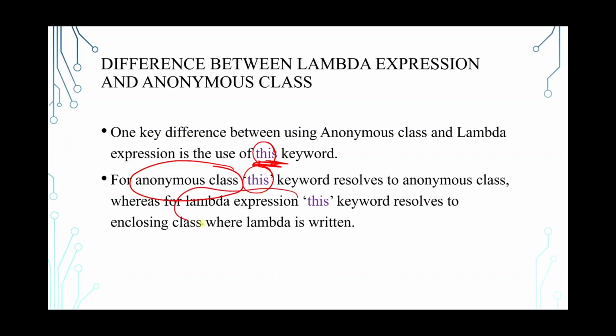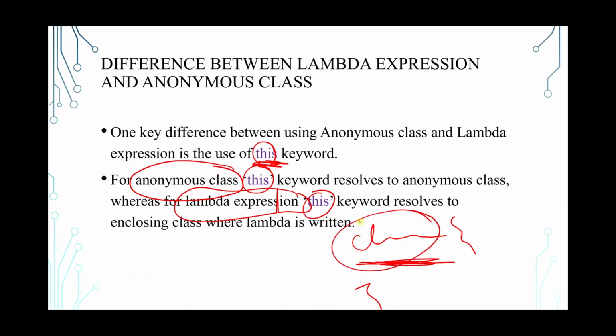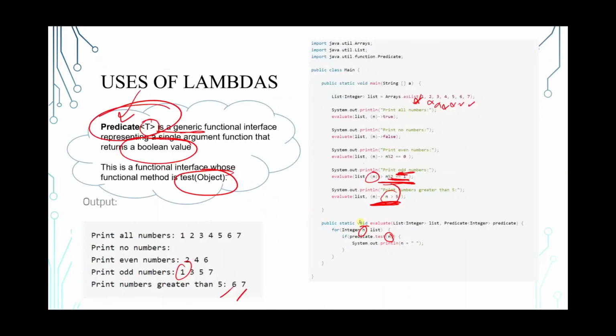However, in lambda expressions, if you use this, it means the enclosing class. So if I have a class, and this is the class I'm referring to, basically if I use this inside, if we go to this slide, if I use this in here, this means this class, the main class.